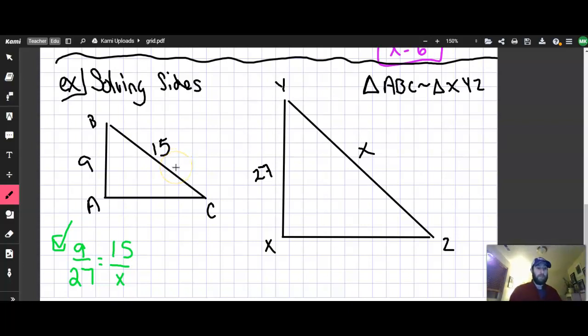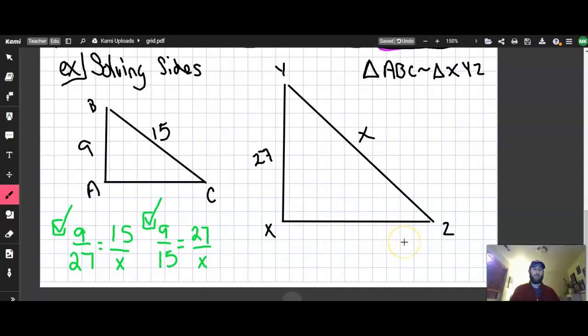So I could put 9 over 15. And as long as I match in the second triangle the same corresponding sides on top and on bottom, it will solve for x and it will be correct. So the 9 matches up with 27 and the 15 matches up with x. This also solves for x.